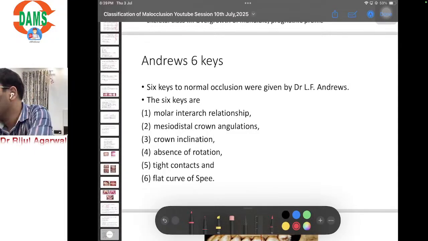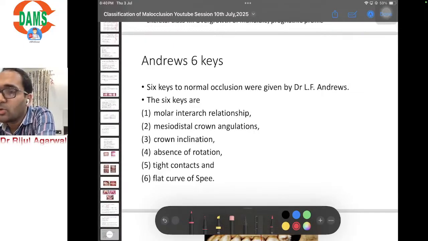If you remember the pre-adjusted edgewise appliance which I discussed during the evolution of orthodontic appliances, he was the first one to give it, and it was based on these six keys. He studied 1200 ortho models which he believed were treated to a normal or ideal occlusion.